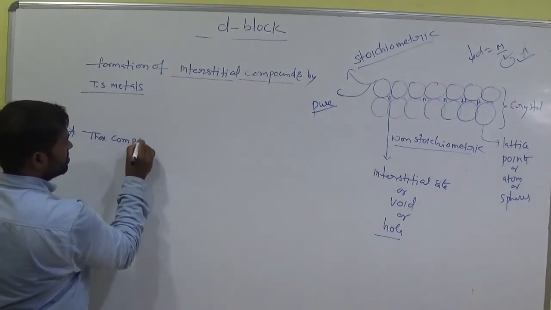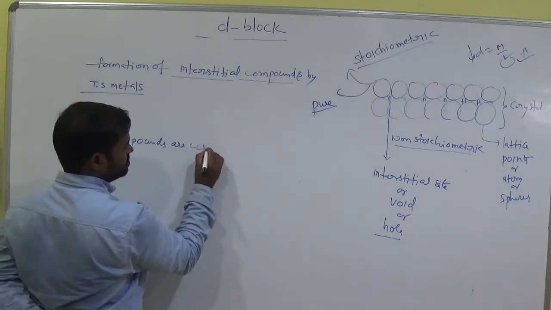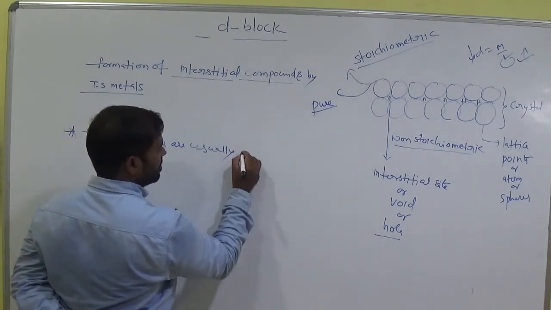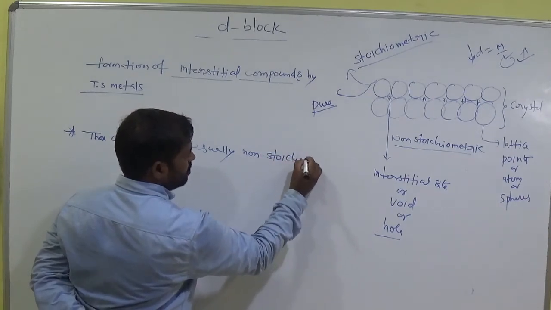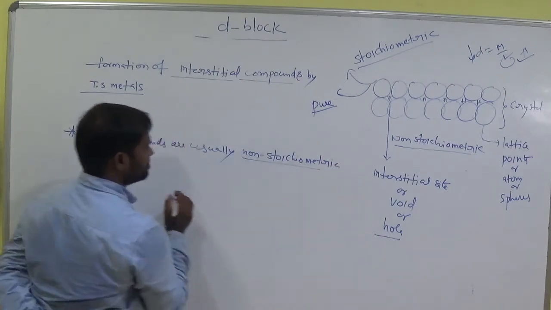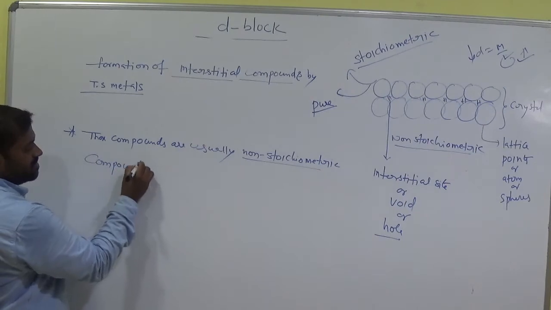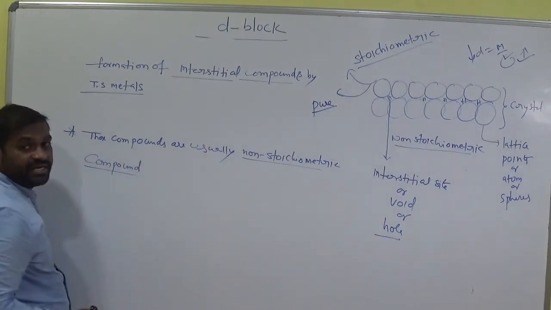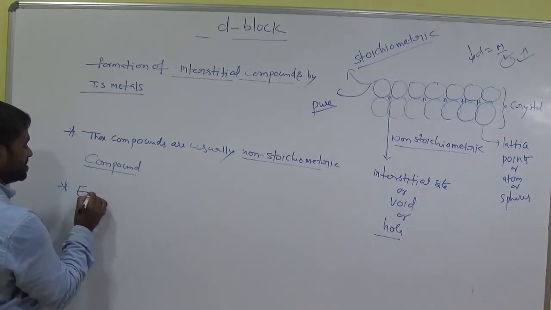These compounds are usually non-stoichiometric compounds. Okay, let's see the examples here.